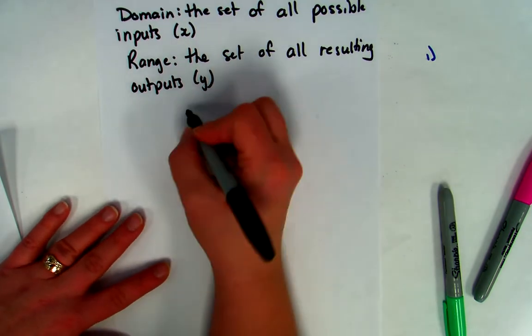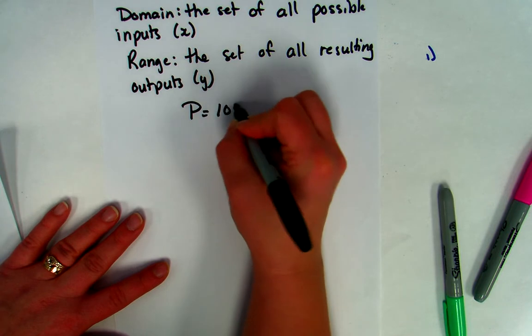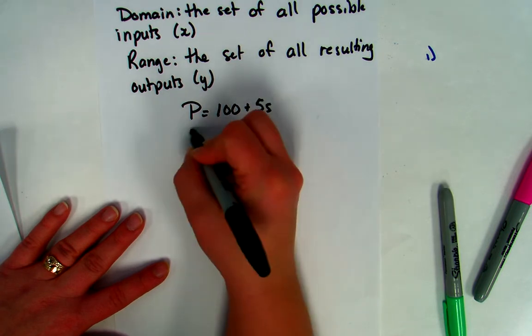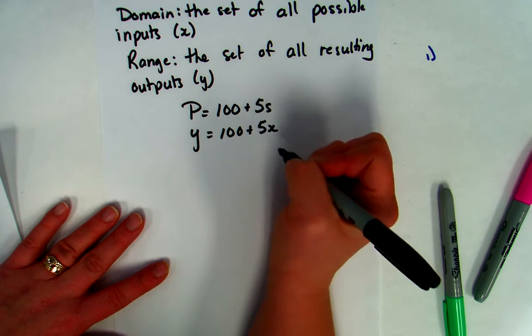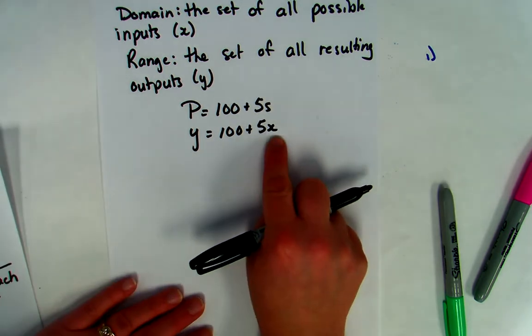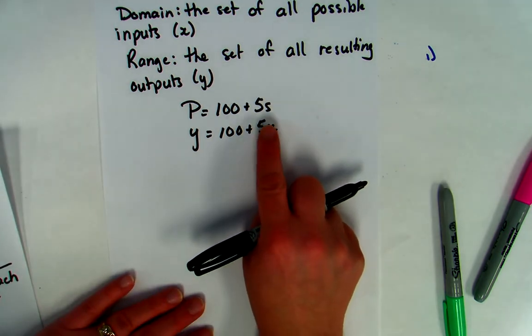So let's go back to our pay is 100 plus 5s, or y equals 100 plus 5x, depending on which ones you use. So x is our input, and the domain represents all the possible values we can put in there.